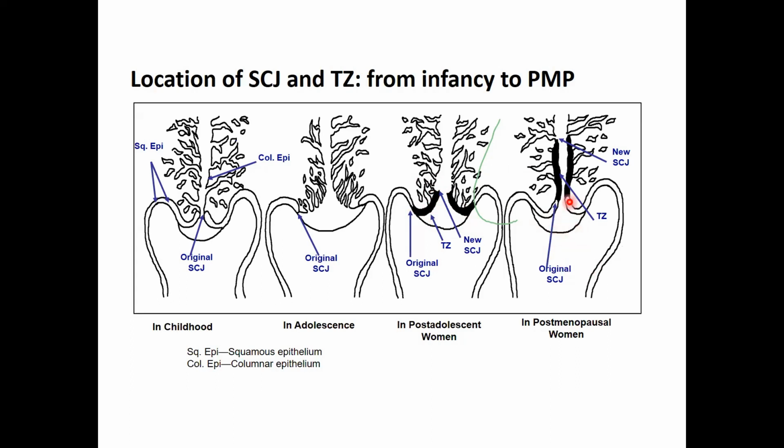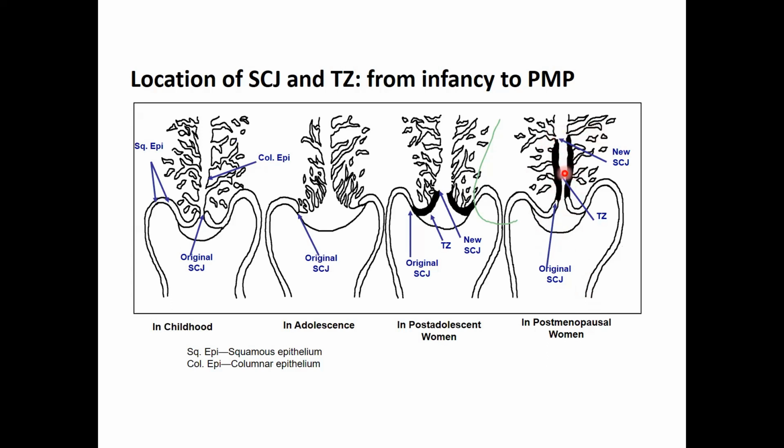Then when we come to the original squamo-columnar junction in the postmenopausal woman, you can see from the previous diagram to this diagram that it is moving inside. These are not trees, but this is the cervical canal, and this is the endocervix, the columnar epithelium. The dark part is where the transformation zone is.